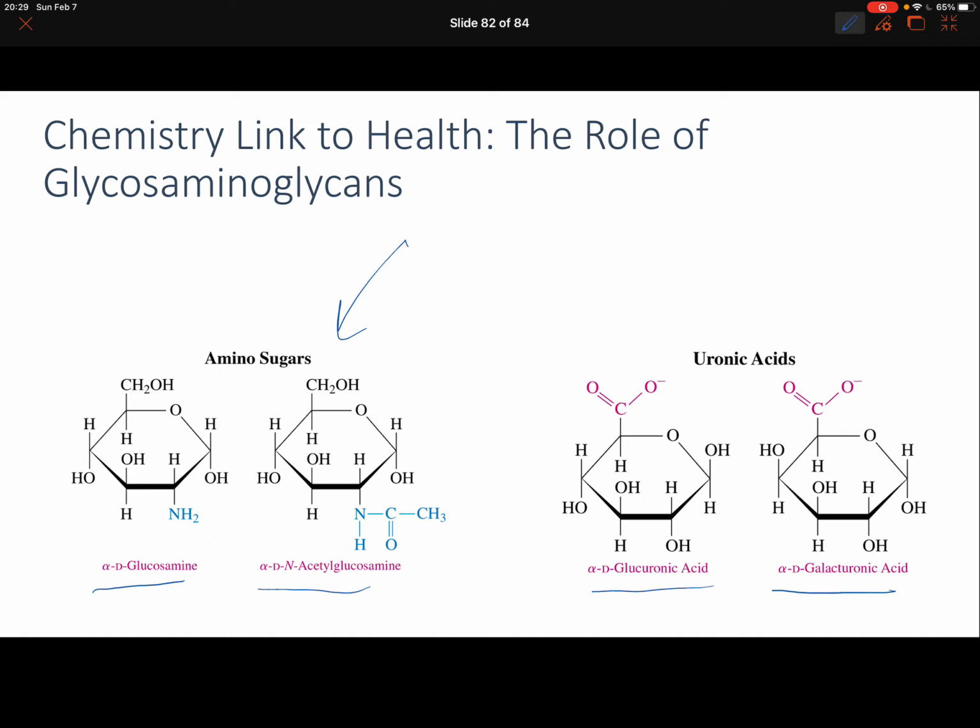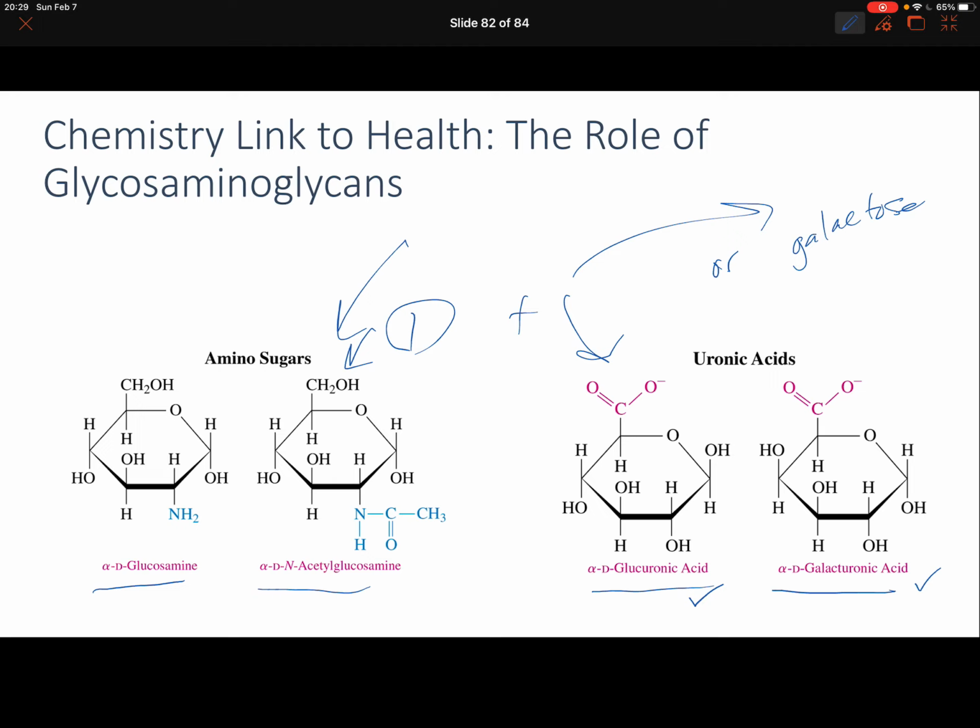This is a galacturonic acid, so this is a galactose that's been oxidized. This is a glucose that's been oxidized, or just a galactose. So it's one of these guys plus either that or one of these guys.